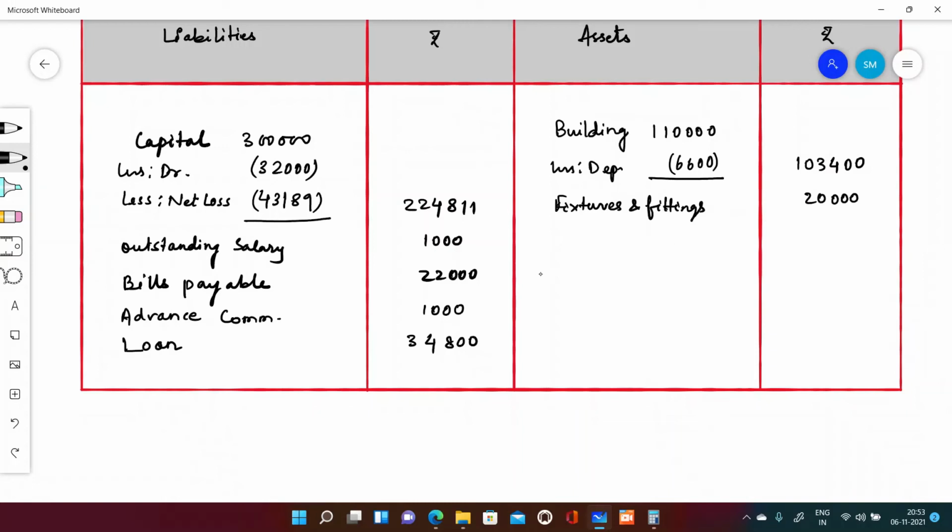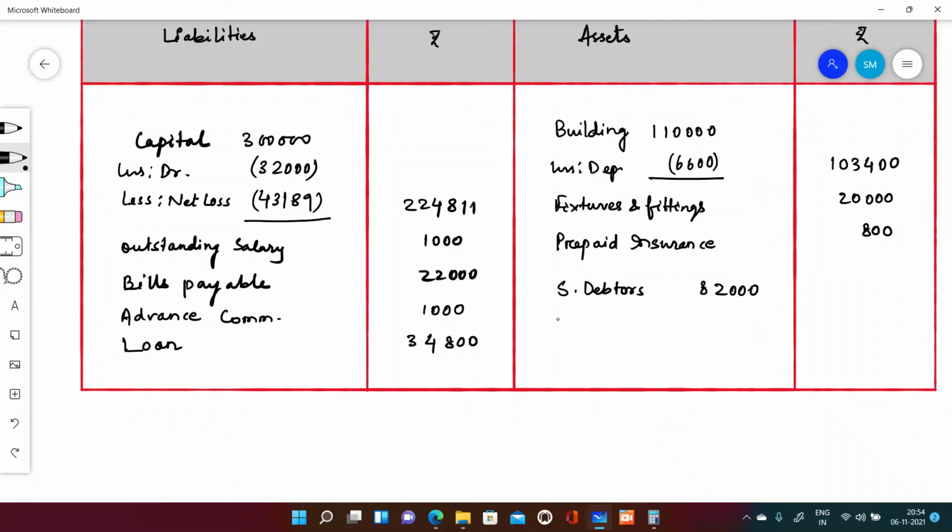Then your prepaid insurance. So prepaid insurance is your 800. Then sundry debtors, you have 82,000.